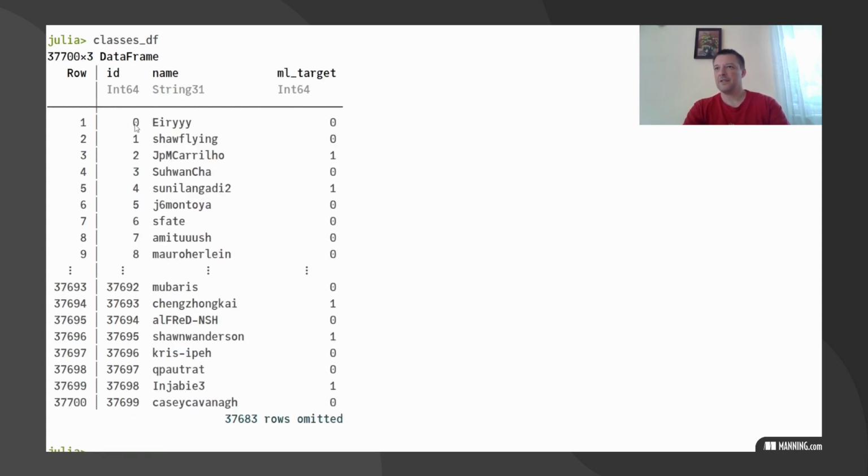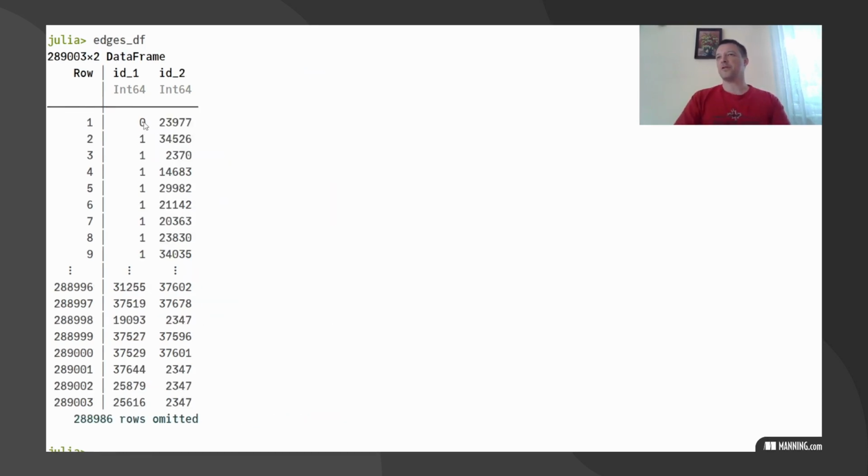We see that it also starts with 0. So let's fix it. First let's fix edgesdf. We want edgesdf to start with 1, so we want to increment every element of edgesdf by 1. Here we notice that this data frame has only 2 columns, and they both need to be incremented by 1, which means that what I need to do is simply increment edgesdf in place by 1 using broadcasting.